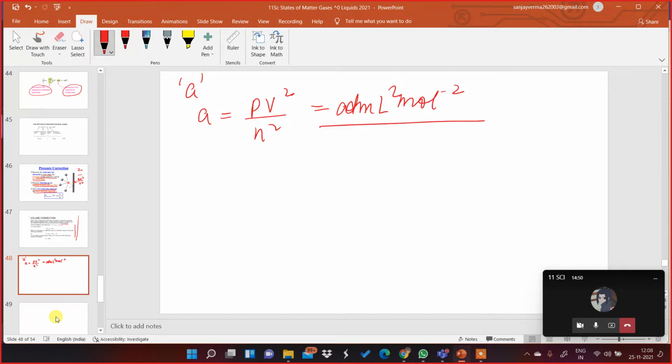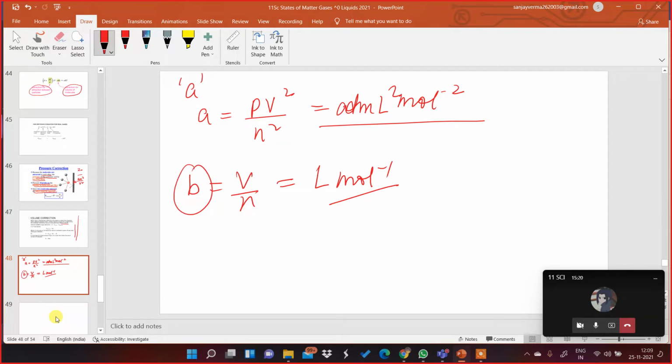Okay, this is the unit for the Van der Waals constant a. Remember this a is under the pressure correction. The other is the significance of b. This b is equal to V by n, so the unit of b becomes liter per mole. The value is a measure of the effective size of the gas molecule. The value of b is 4 times the actual volume of the molecules.